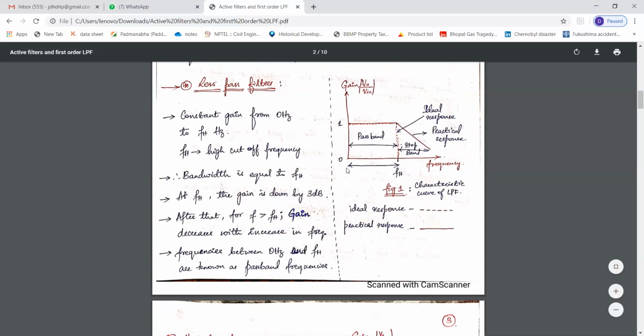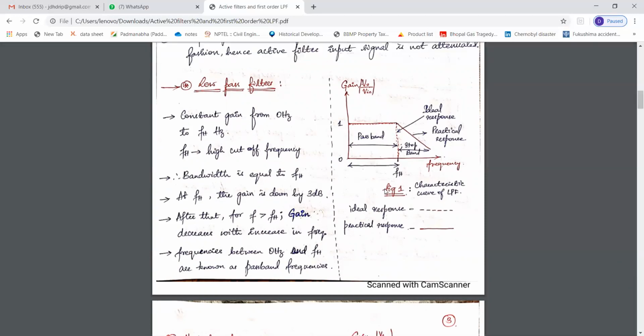The frequency band from 0 hertz to the higher cutoff frequency is called the pass band, and for frequencies greater than the higher cutoff frequency, it is the stop band. The bandwidth is equal to higher cutoff frequency minus lower cutoff frequency, that is fH minus 0, which equals fH. At this frequency fH, the gain is down by 3 dB.